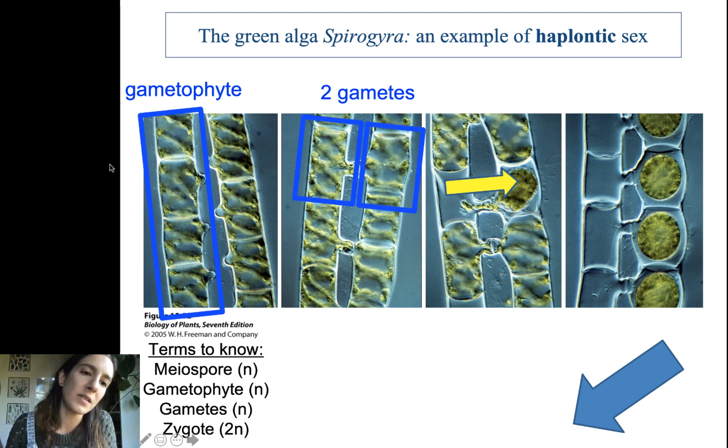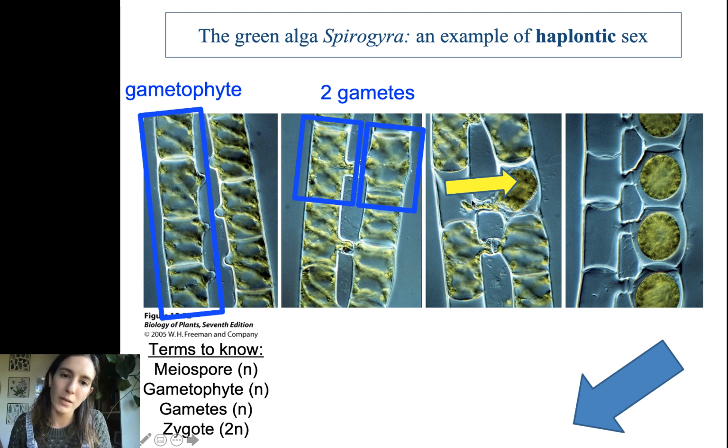Okay, well, within this haploid filament, we actually have cells that themselves become gametes. So this whole cell literally will just clump up and go through this thing called a conjugation tube. One will go to the other, and as you can see, that's what's happening right here.